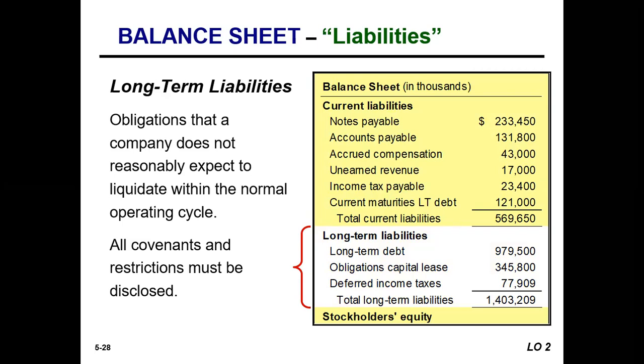Deferred income taxes, if we know we have that obligation coming up, we haven't paid it yet, but it's going to have to be paid at some point in the future. Deferred income taxes.